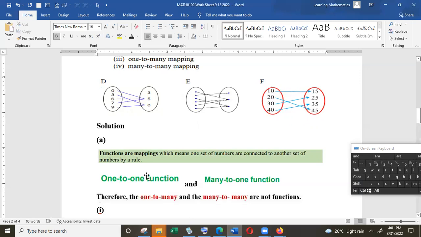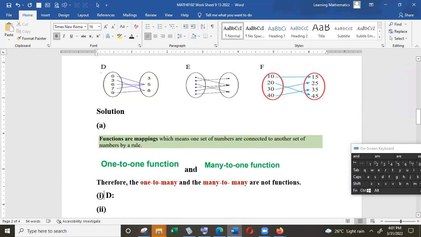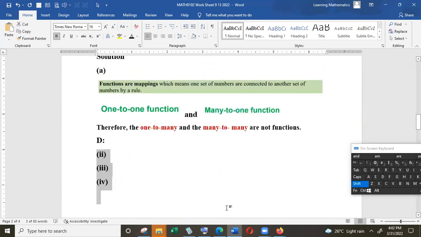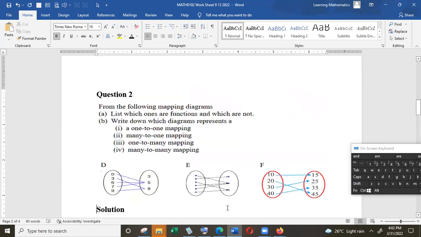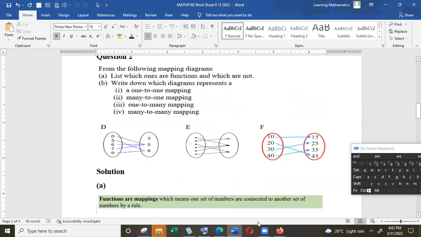So now let us first find out what type of mapping D is. What type of a mapping is D? So someone said D is a one-to-many.